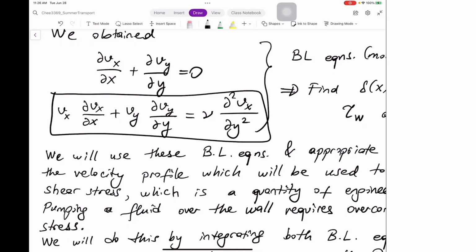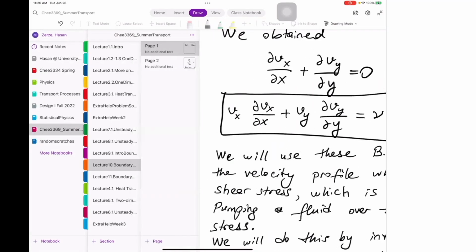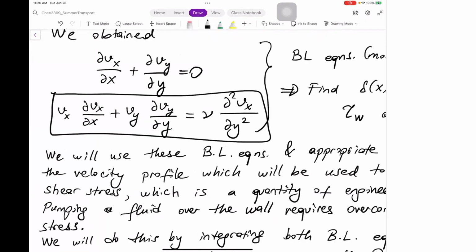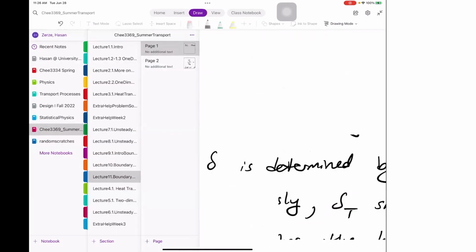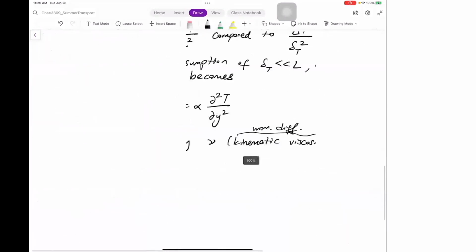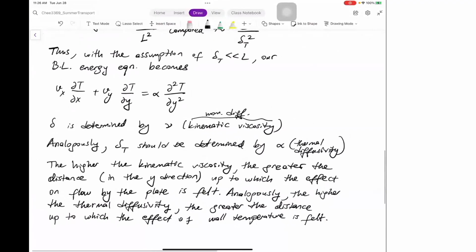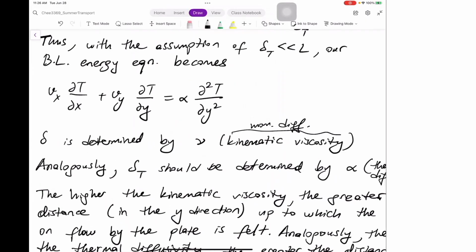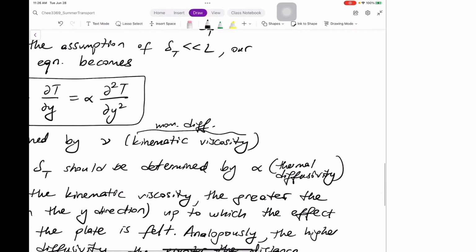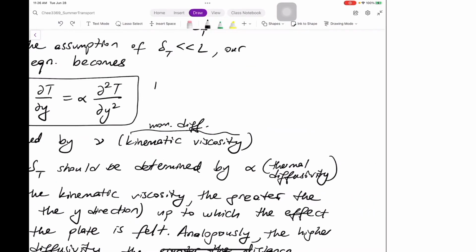Let's compare this with the equation for momentum transport.